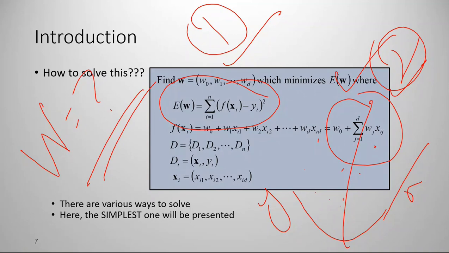There are various ways to solve it. You have already tried, I guess, two methods. One is by simple math, second by gradient descent method, and the third one would be next, the vector one. Here, the simplest one will be presented. So we will derive the simplest method to solve this equation.